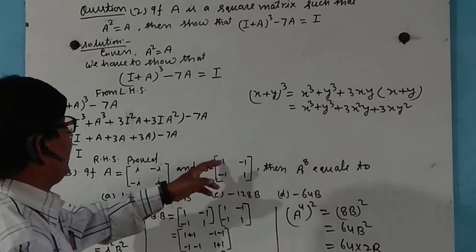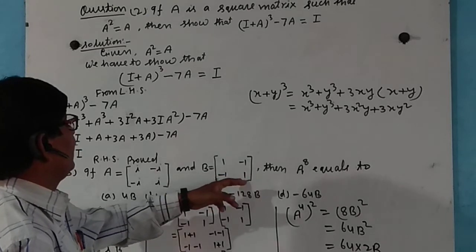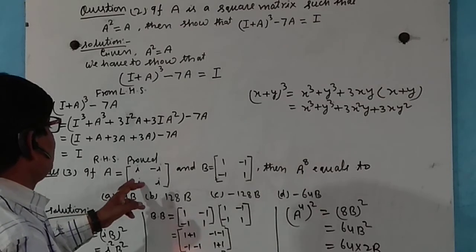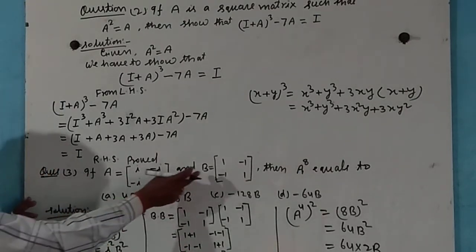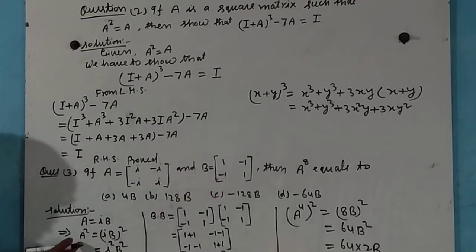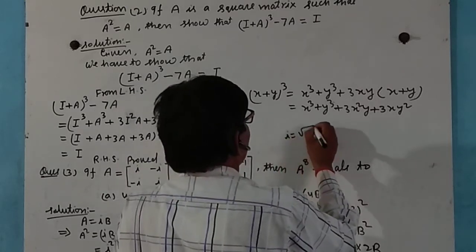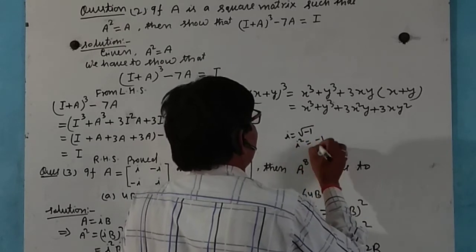Now solution. We see A equals this and B equals this. We multiply i here, so that this is i times B, so A equals iB. Now squaring this, A squared equals (iB) squared, where i equals the square root of minus 1, so that i squared equals minus 1.